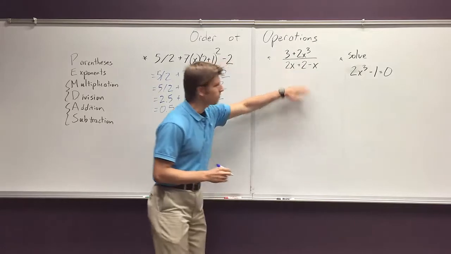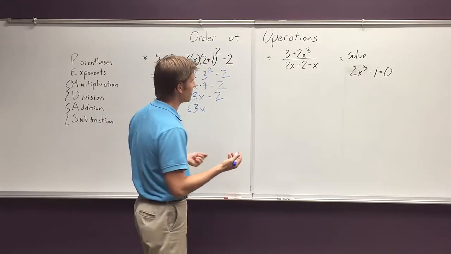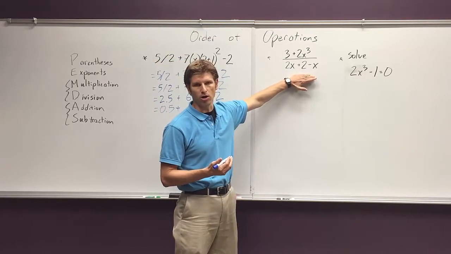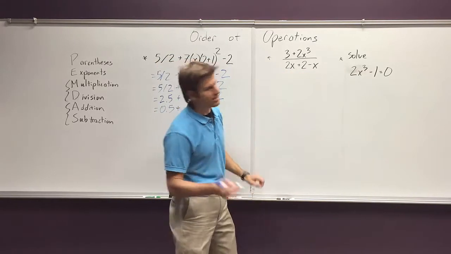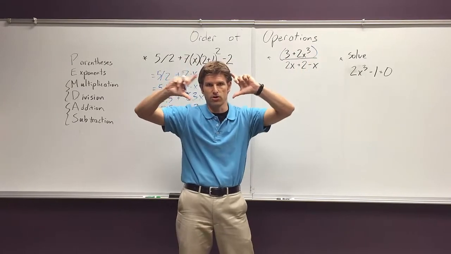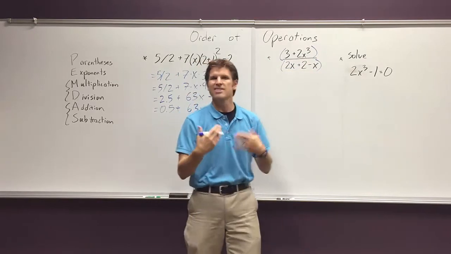Let's take a look at this problem. Now, this is one of those things I wish people said more frequently, because when you have a division bar, what you really mean is that the entire thing above that division bar is in parentheses, and the entire thing below the division bar is in parentheses. That's just fine.